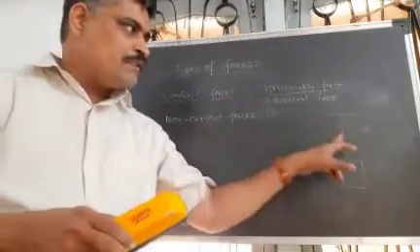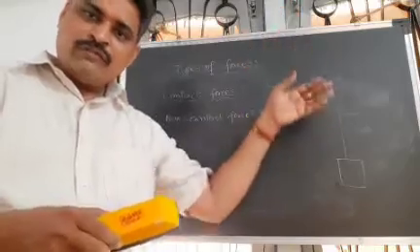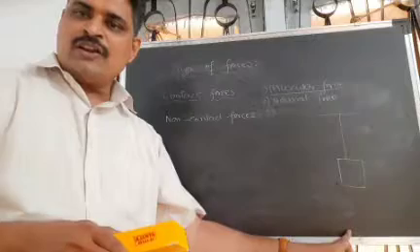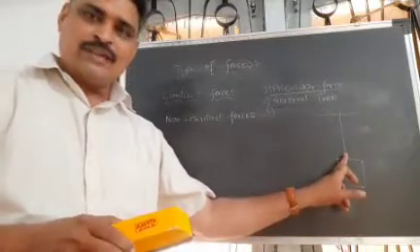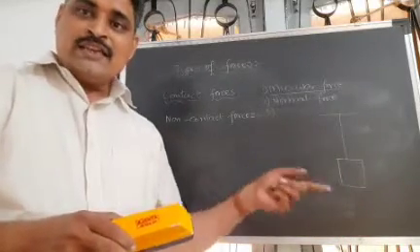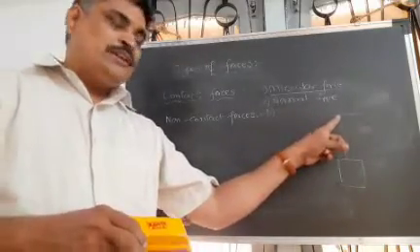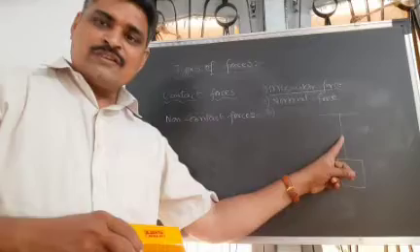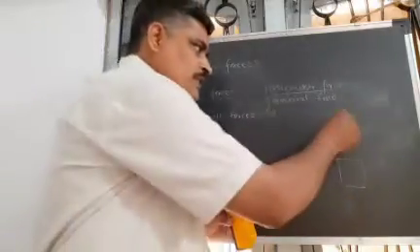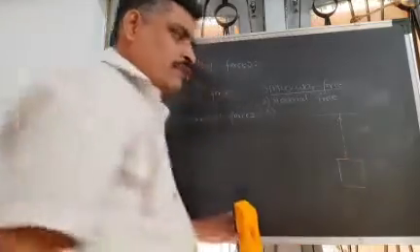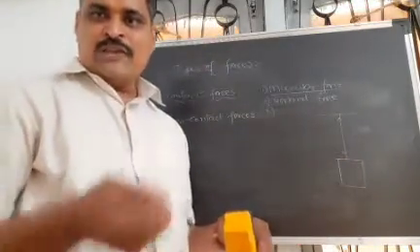The string is fixed to the roof, and from there the sandbags are hanged. The sandbag is not falling down, it is held by the string. So string is applying some force on the sandbag, and similarly the roof is also applying some force on the string. So roof is pulling the string upwards and string is pulling the sandbag upwards in this direction.